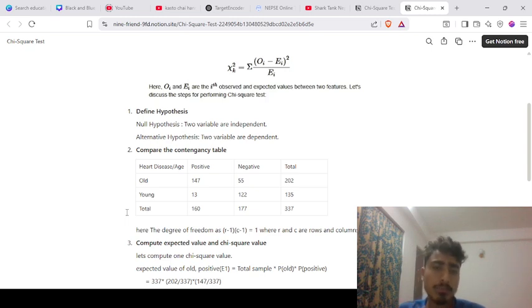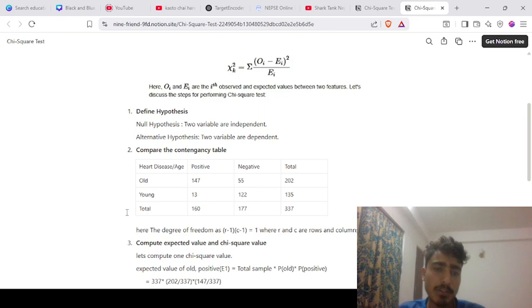Heart disease positive indicates that the person is suffering from heart disease, and negative indicates that the person is not suffering from heart disease.